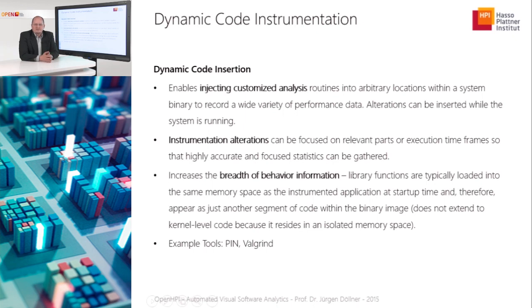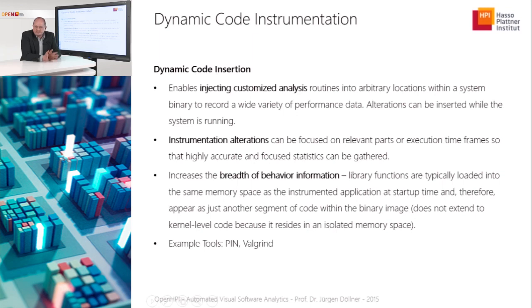With dynamic code insertion, we have a breadth of behavior information. Library functions that are typically loaded into the same memory space as the instrumented application at startup time, and therefore appear as just another segment of code within the binary image, can be sampled as well.